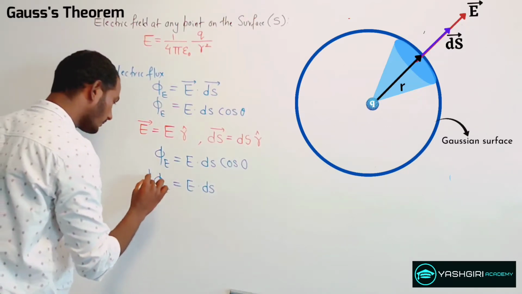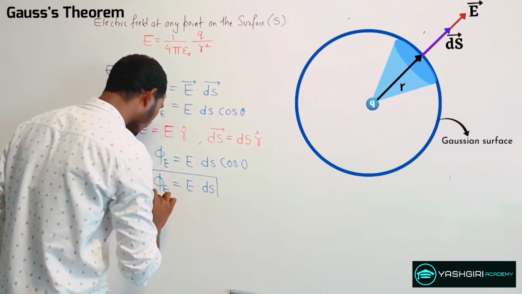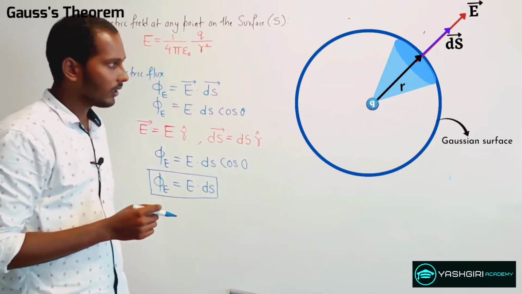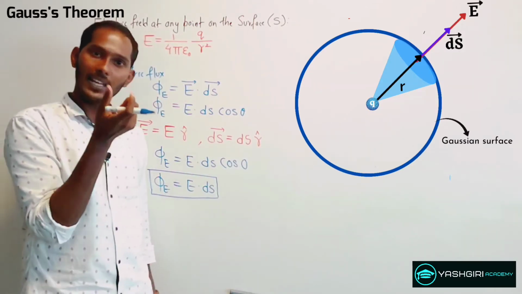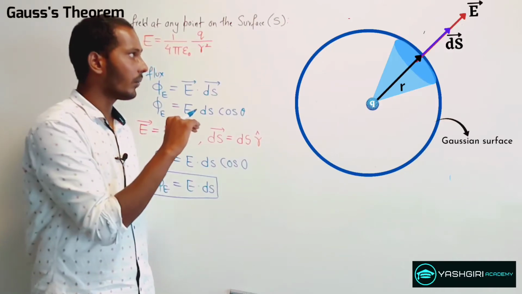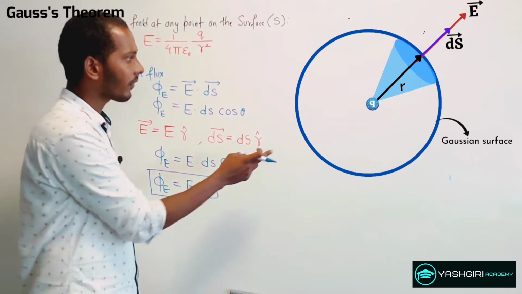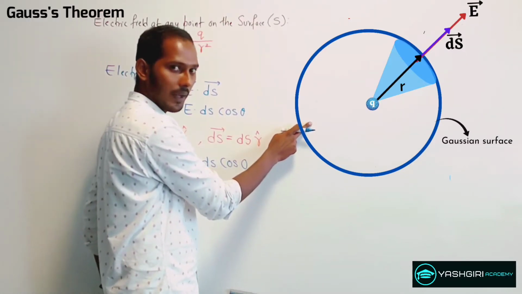Now this is the expression we have got for the electric flux for a small area element. But we need to calculate the total flux which is coming out from this surface area, right?